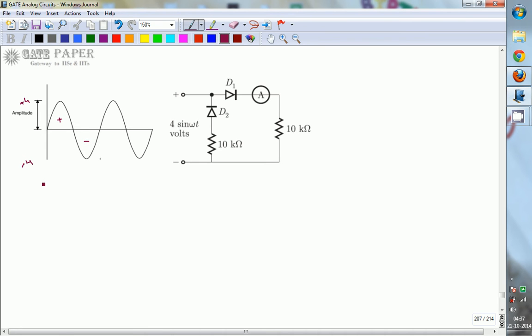If you observe, during the positive half cycle all the voltages are positive, that is, greater than or equal to 0.